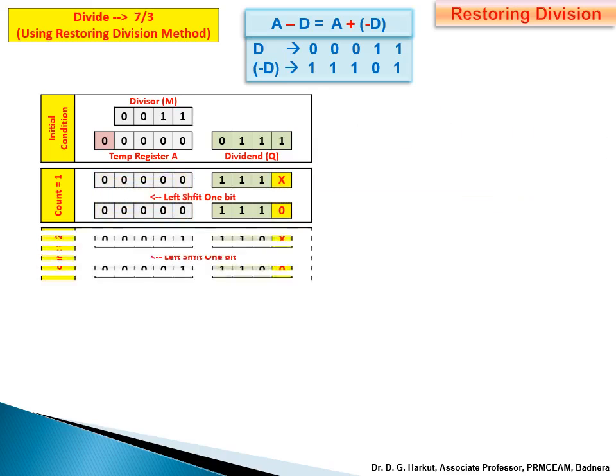Next, repeat the same. Left shift 1 bit content of temporary register A and Q. Here X indicates the empty space thus created after left shift. Content of this LSB position will depend on the subtraction of A minus D. Subtract D from A, temp.